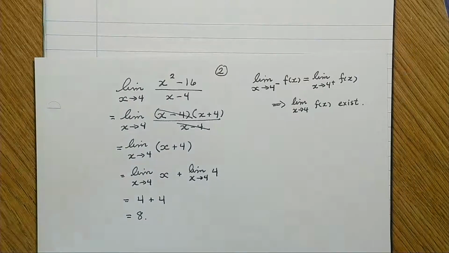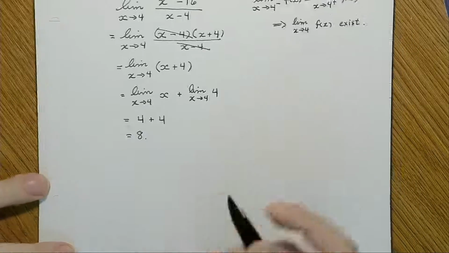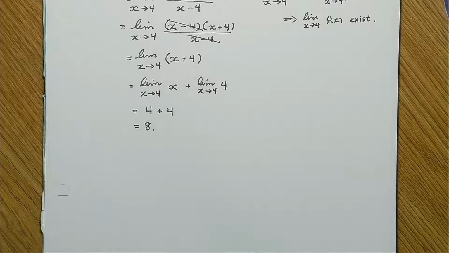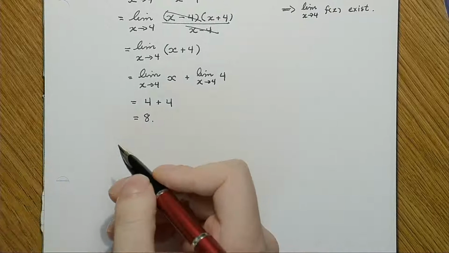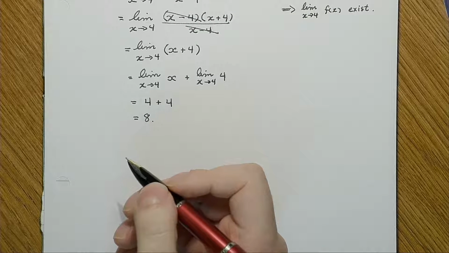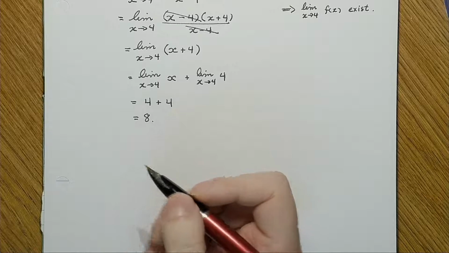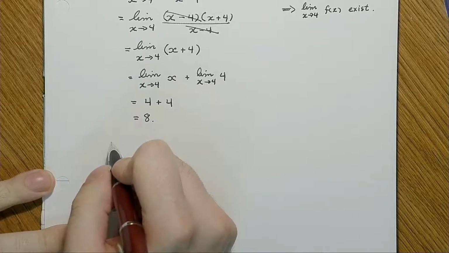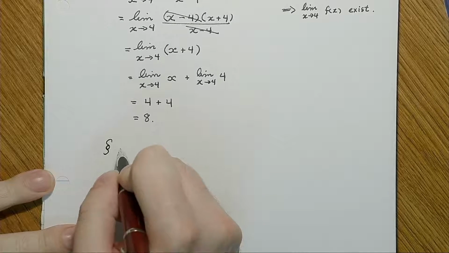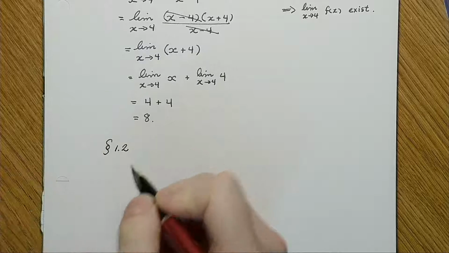So going back to the questions, there were questions like this in the homework. However, I think we just need more practice. So this was from the assignment. I can't remember which assignment it was, I think maybe the second one.